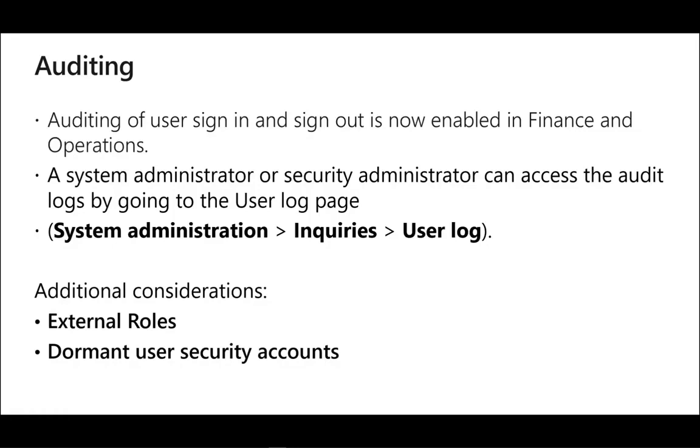This is normally used in vendor collaboration or customer self-service sales order maintenance. Domain user security accounts allow us to identify idle accounts and find out if the accounts are enabled or disabled.